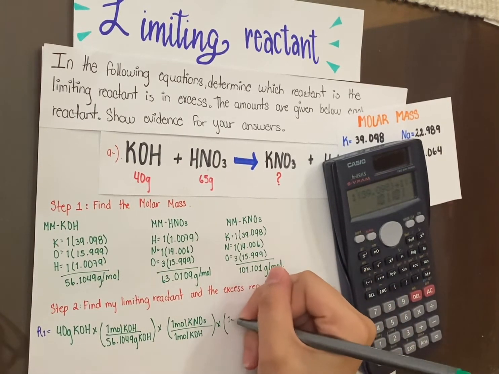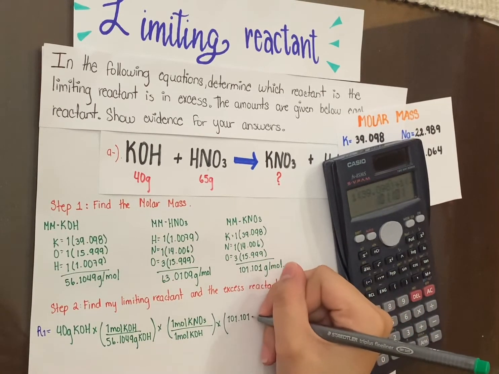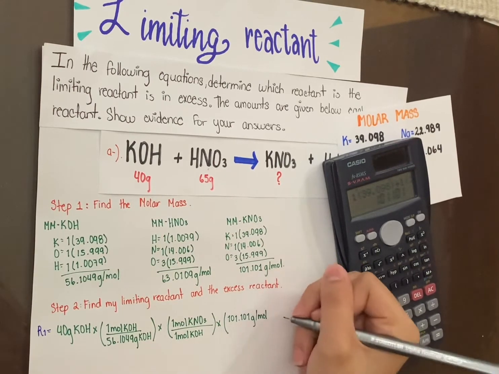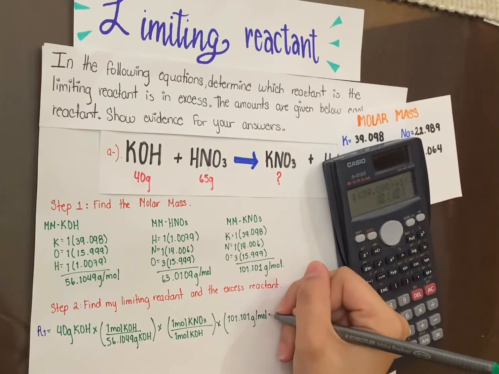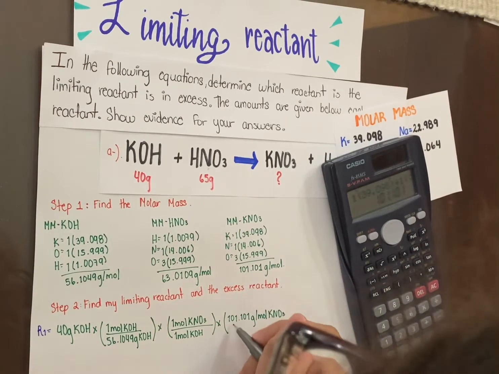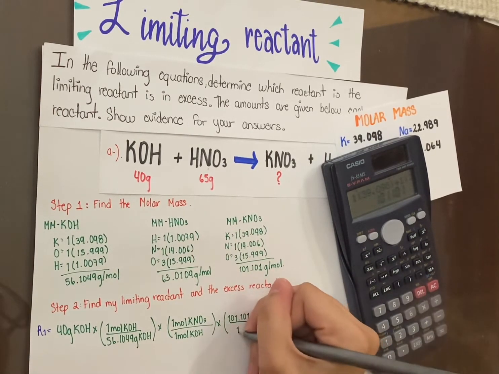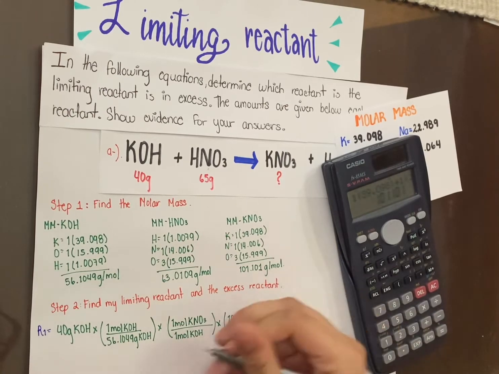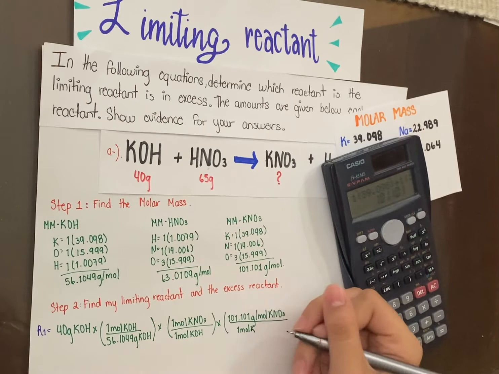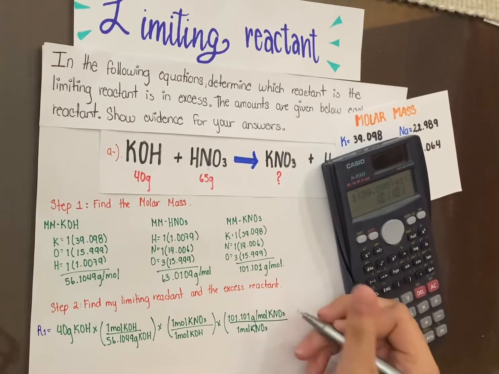So is 101.101 grams mole of potassium, nitrogen, oxygen. And this one over 1 mole of potassium, nitrogen, and oxygen.